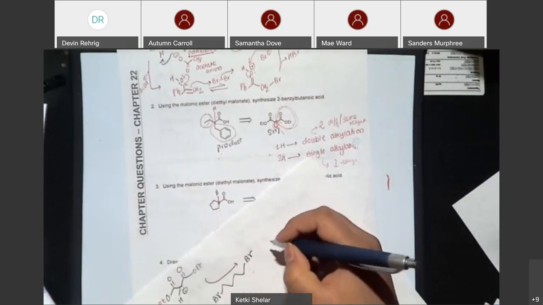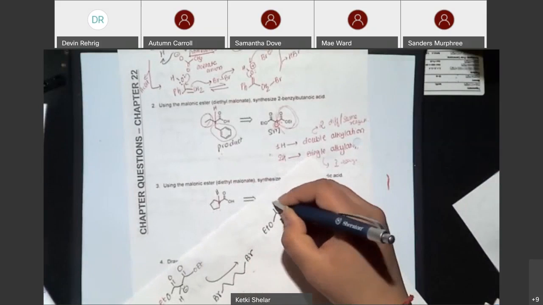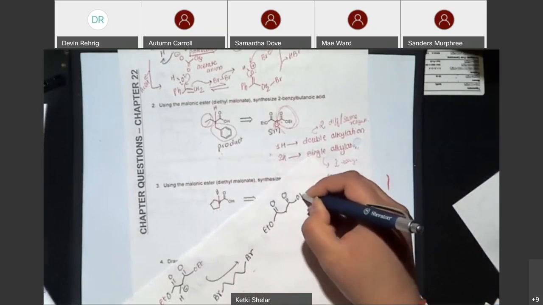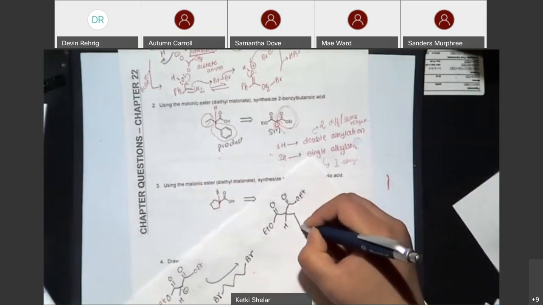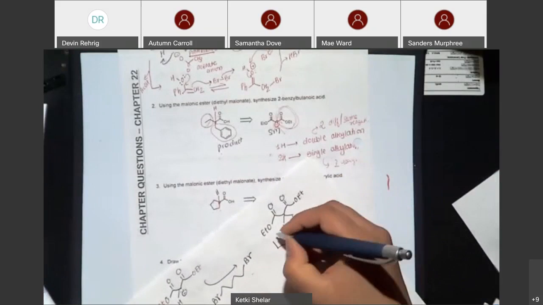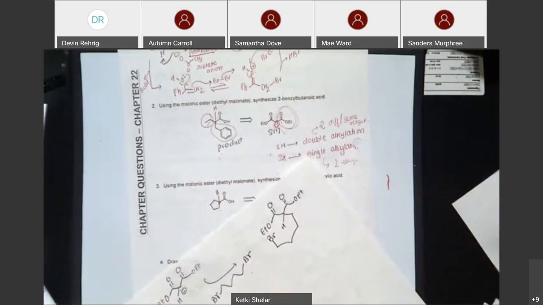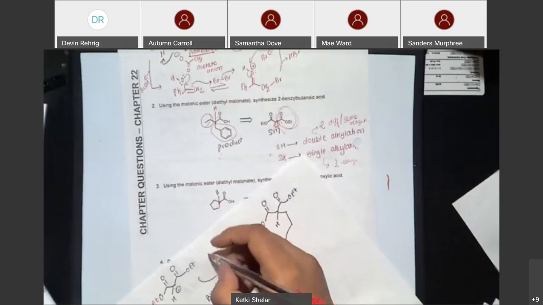So we'll react with there and we will get something, a hydrogen, okay? So this is the first alkylation step.